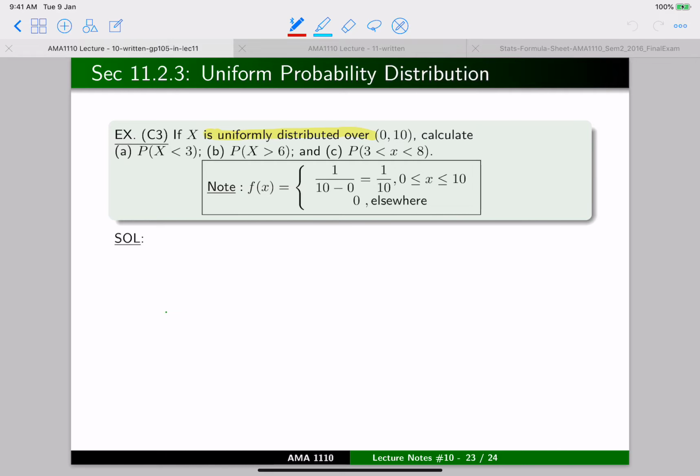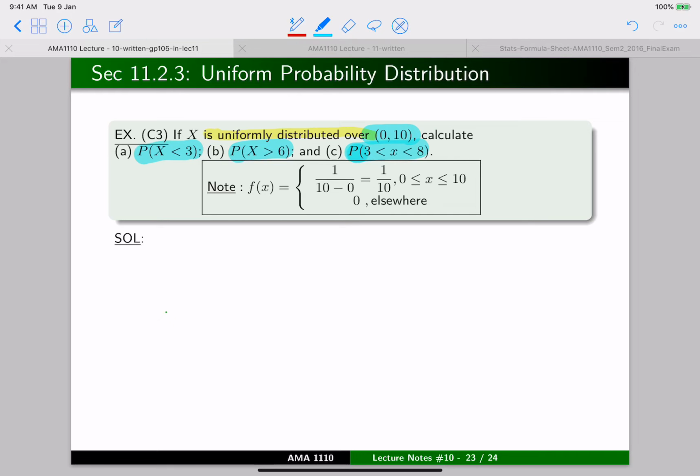For example, suppose x is uniformly distributed between 0 and 10. Calculate the probability that x is less than 3, x is greater than 6, and x is in between 3 and 8. Well, we see that by definition, the probability density function has to have the following form.